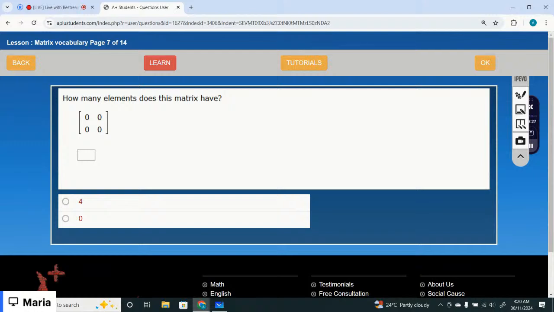How many elements does this matrix have? So which is the correct option? This matrix has four elements. Option number one is the correct option.